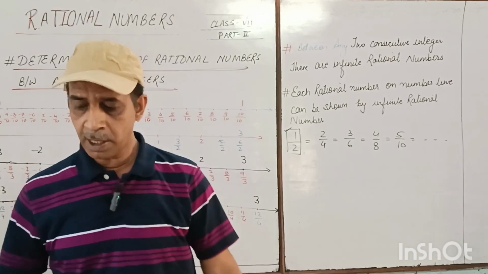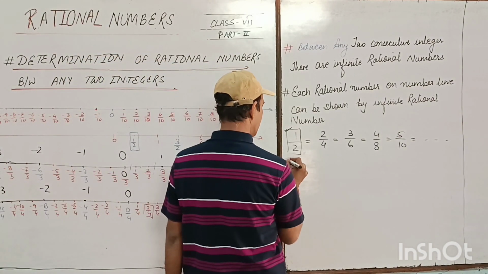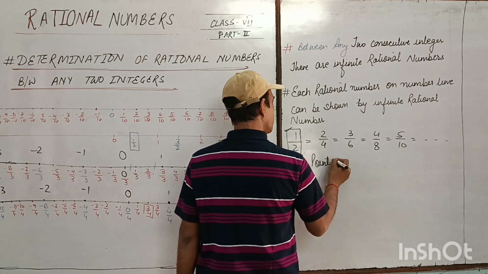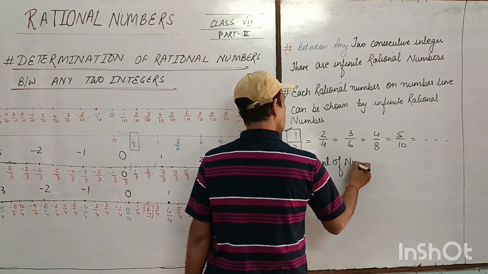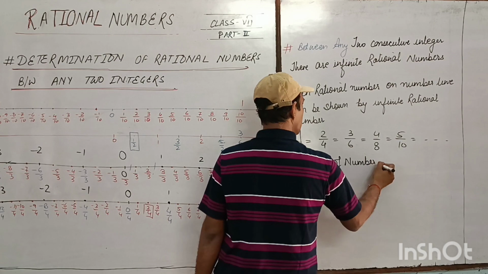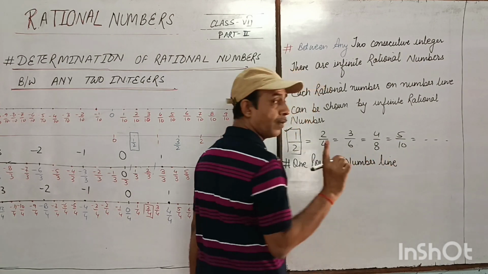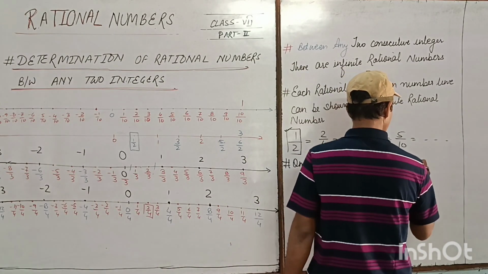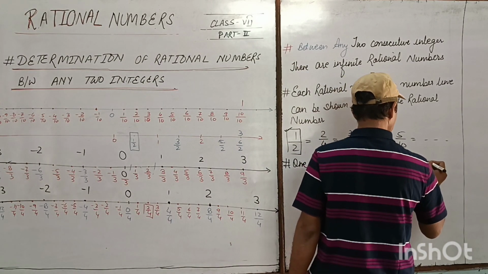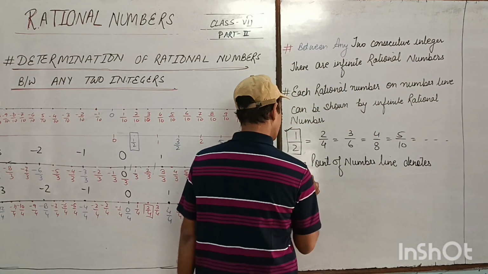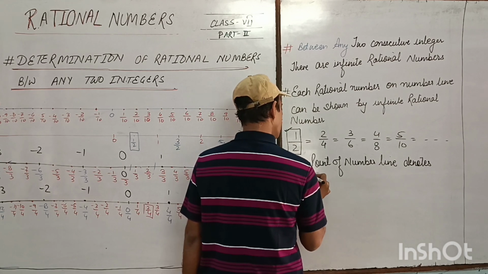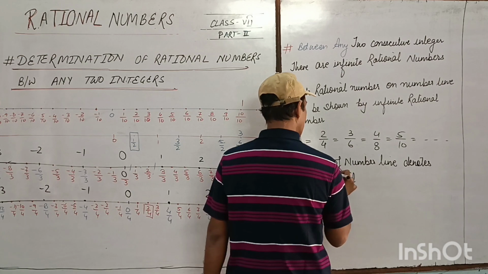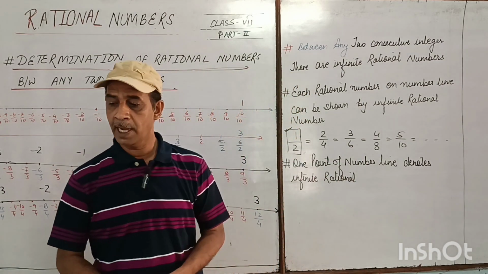So what can you say? One point of the number line denotes infinite rational numbers. It is a very important chapter, and this will also be there in class 9th.